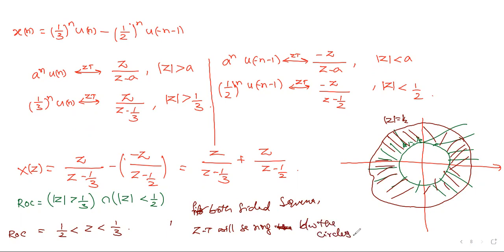So this is the Z transform properties for different regions.